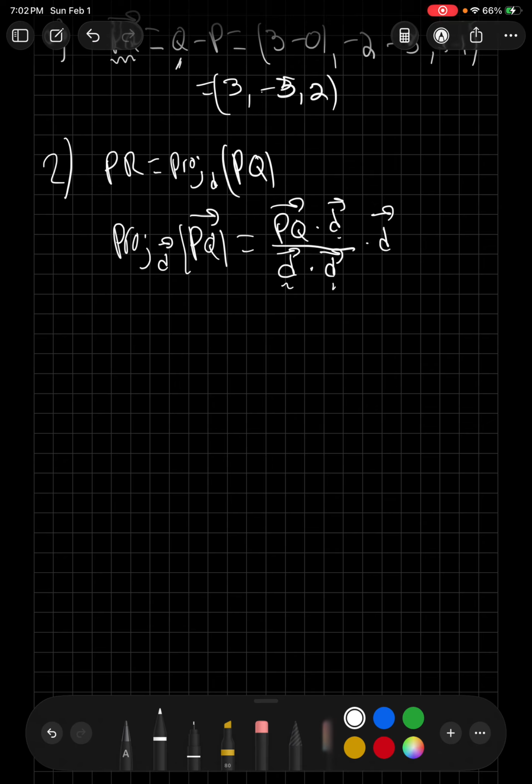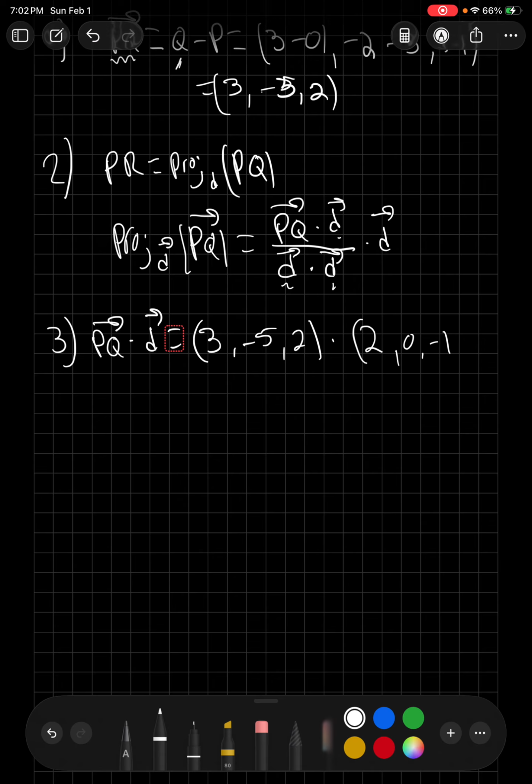So now we just compute the dot products. So PQ dot D is equal to 3, -5, 2, dot 2, 0, -1.